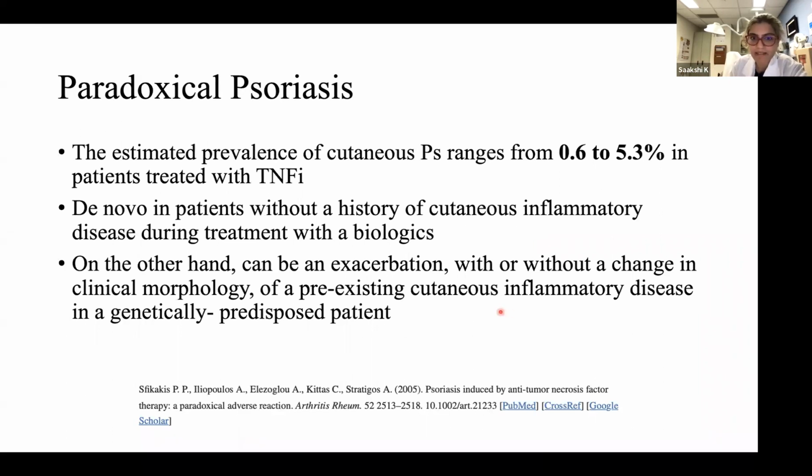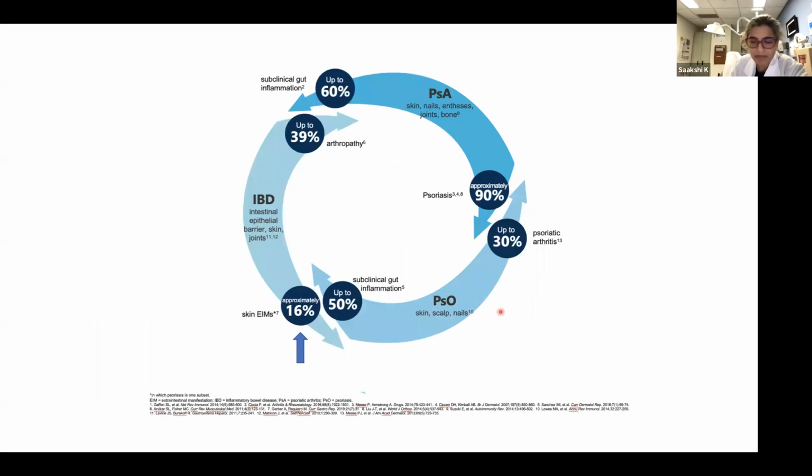And sometimes it can be a little tricky to diagnose. Is it the drug? Is it just having the disease? Because if you have inflammatory bowel disease, about 16% of patients do have psoriasis. If you have inflammatory bowel disease, about 40% of patients will have concurrent arthropathy, which sort of overlaps with psoriatic arthritis.